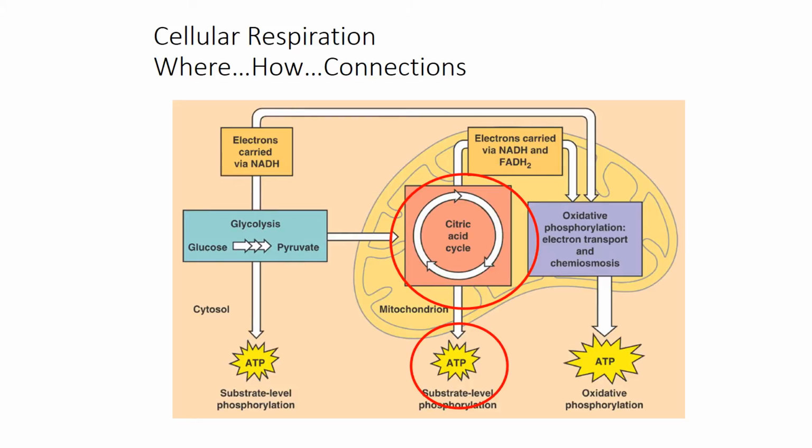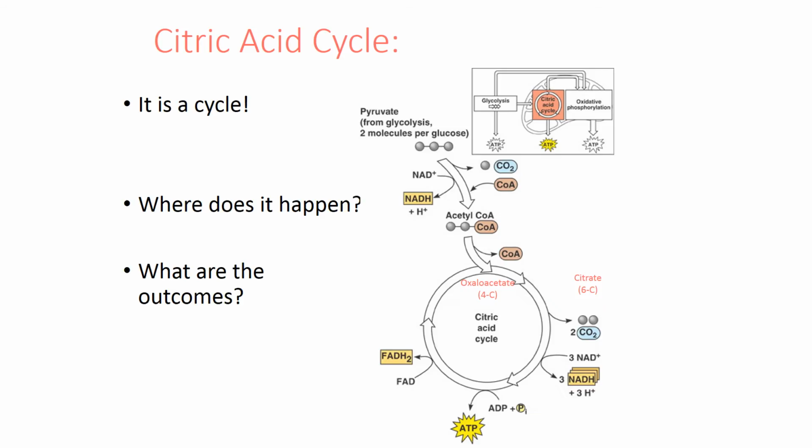Not very efficient, but we can still make a fair amount of ATP, oftentimes enough for many organisms, especially bacteria, to get by on. The other product we're going to get here are high energy electrons that are going to be carried to the electron transport chain via our electron carriers NADH and FADH2.